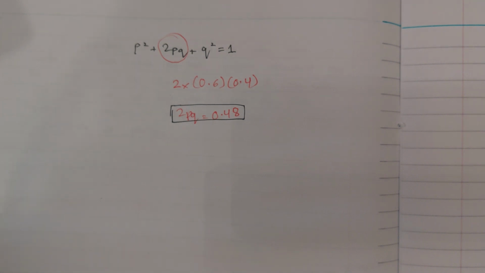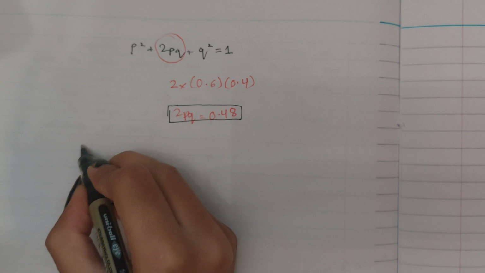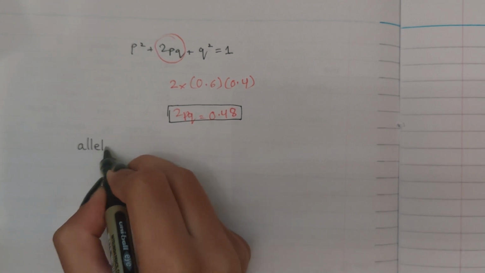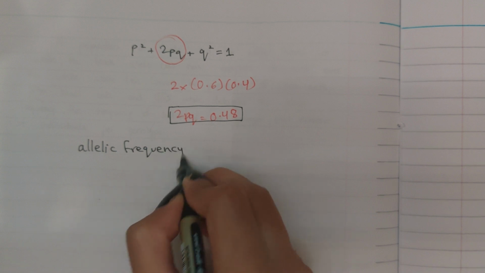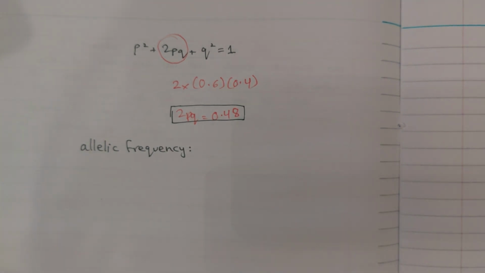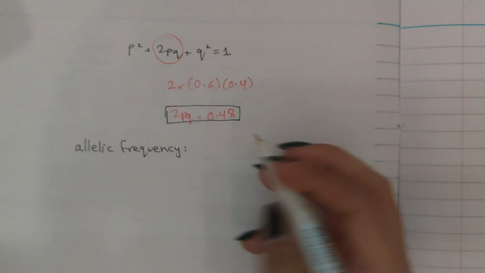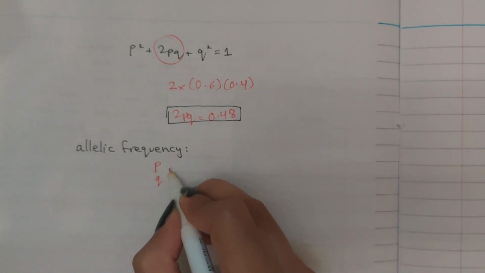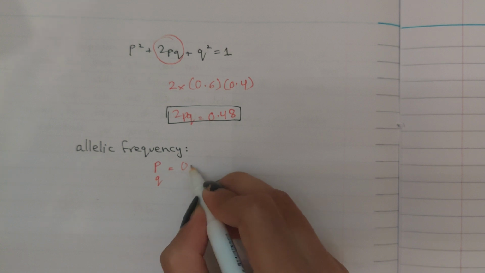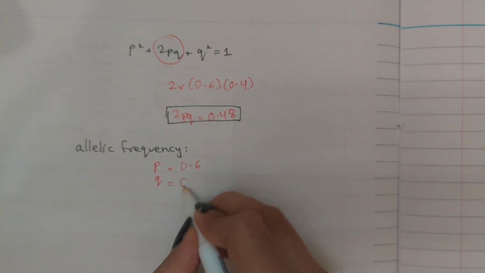So what did the question ask? The question asked for allelic frequencies. I'm going to write them all again just in case anyone's confused. For allelic frequency, we have p and we have q. p was 0.6 and q was 0.4.